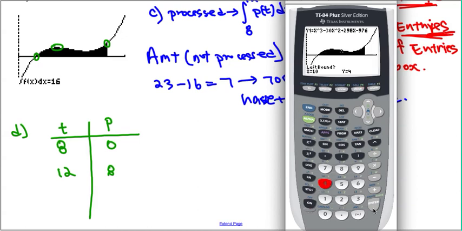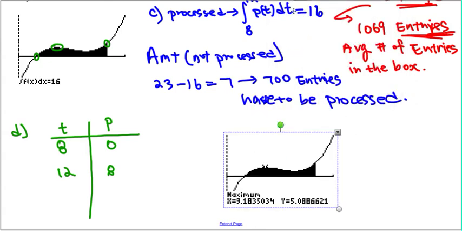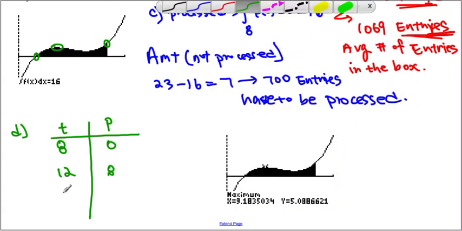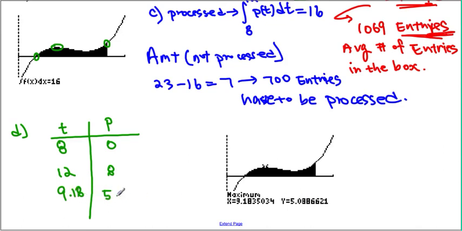I pressed the wrong button. The left bound was 8, the right bound was 10, and guess, yes. The maximum was 9.18, my bad, and that was at about t equals 5.1. So the highest rate was when t was equal to 12.